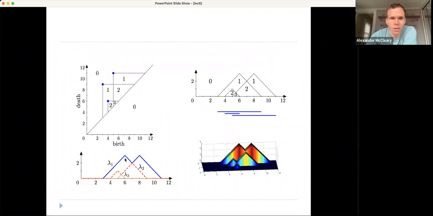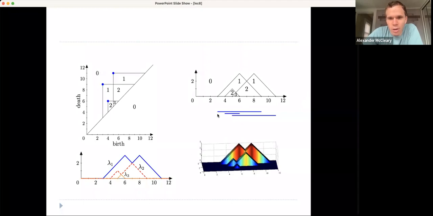If we look at an example here, in the top left of this picture is just the barcode. The blue points are the barcode, or persistence diagram; I guess it's drawn more as a persistence diagram in this picture. The numbers in the lines represent the persistent Betti numbers. Now we're going from the top left picture to the top right picture, and all we're doing is taking this picture and rotating it 45 degrees.